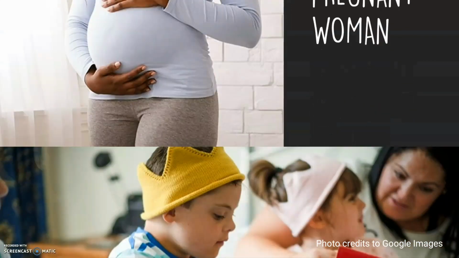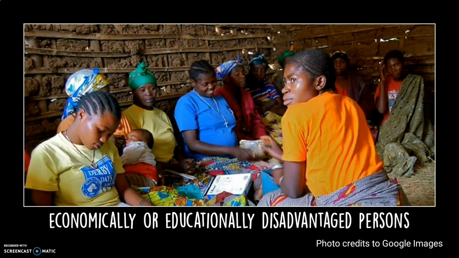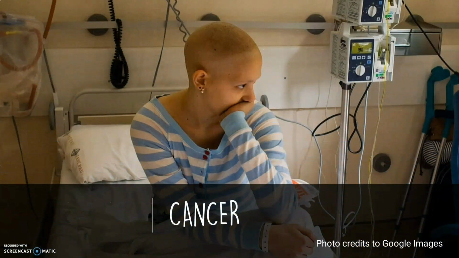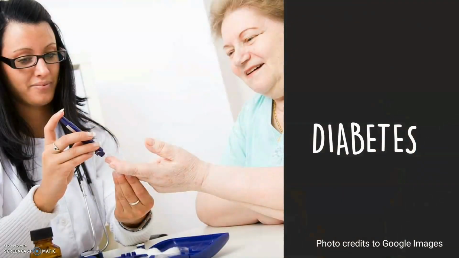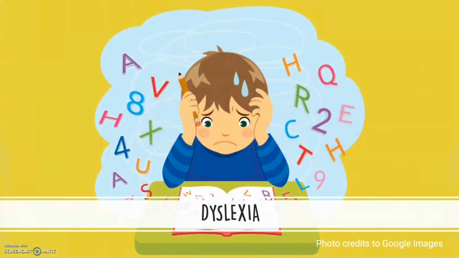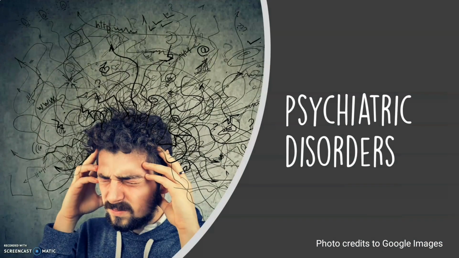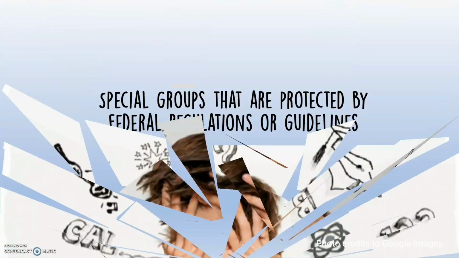Pregnant women, developmentally disabled persons, economically or educationally disadvantaged persons, individuals with diseases such as cancer, asthma, diabetes, AIDS or HIV, dyslexia, cardiac disorders, psychiatric disorders, or learning disorder, etc.